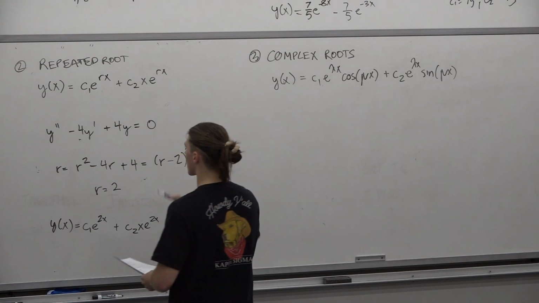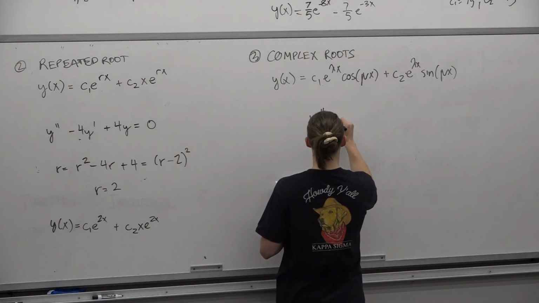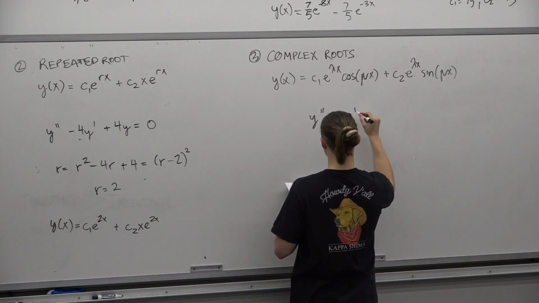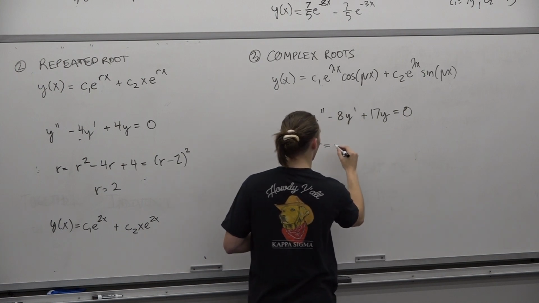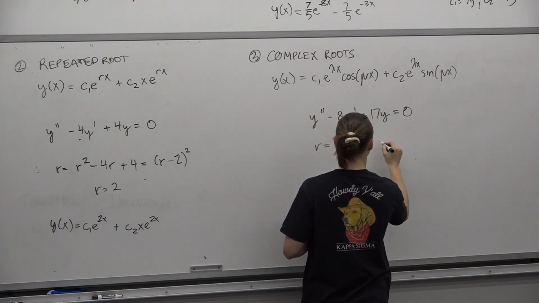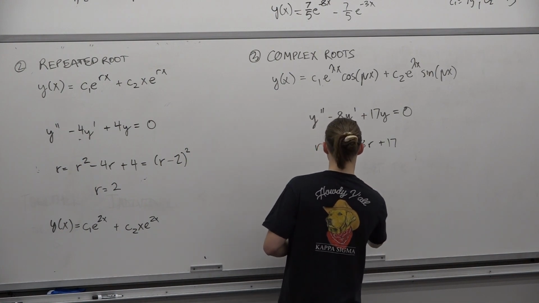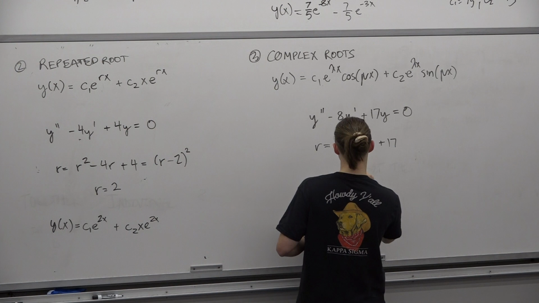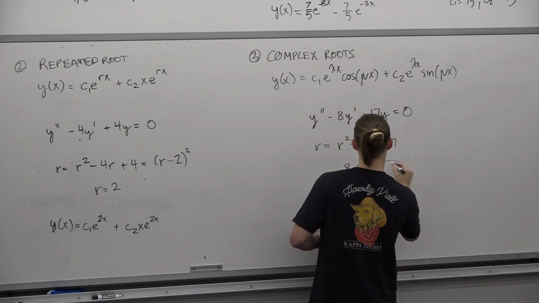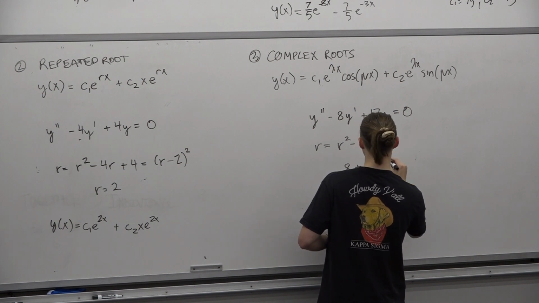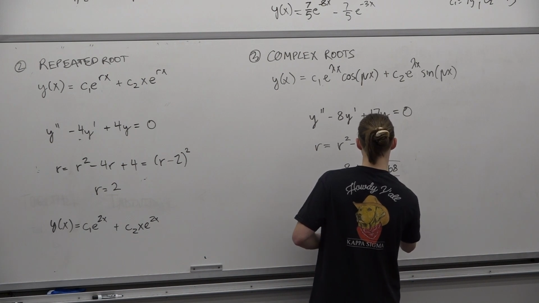So, exactly like before, when we have a homogeneous second order differential equation, we can just plug it into that characteristic polynomial and solve for r. In this case, we need to use the quadratic formula to solve for this. We have 8 plus or minus square root of 64 minus 68, all over 2.